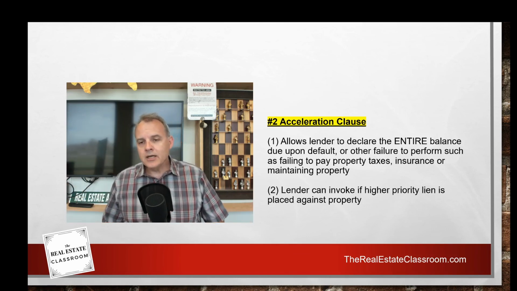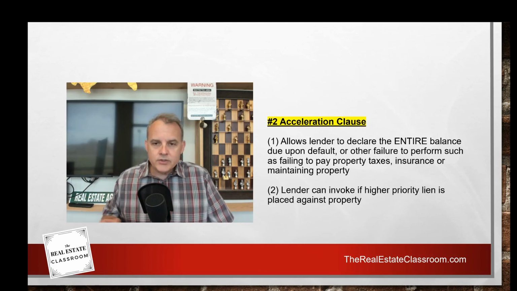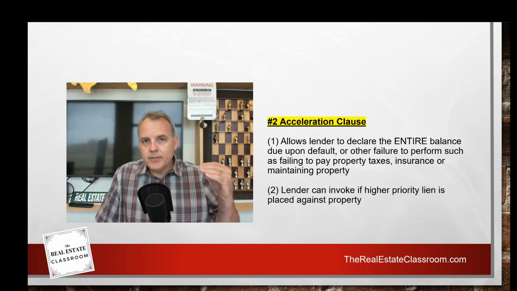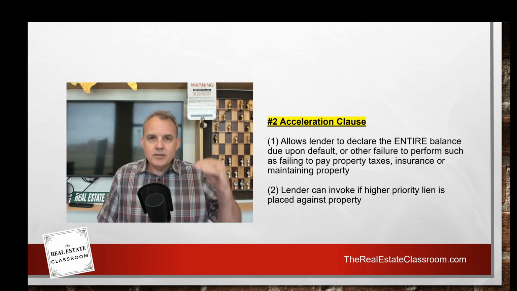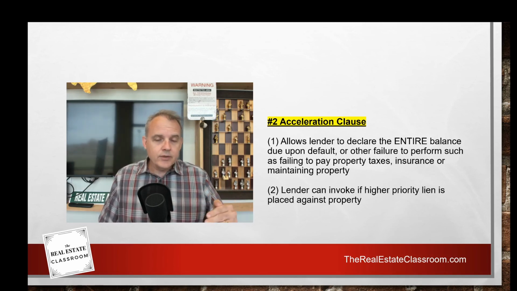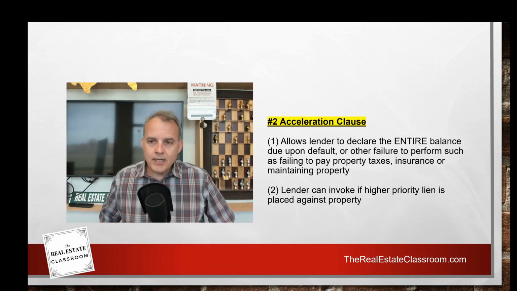Another thing that it allows the lender to do is to accelerate the balance due if the lender finds out that there has been a higher lien that's been placed against the property. So for example, a tax lien is considered to be a higher priority lien than the mortgage. And that means it becomes a senior lien against the lender, and therefore the lender could then use the acceleration clause to declare the entire balance due.